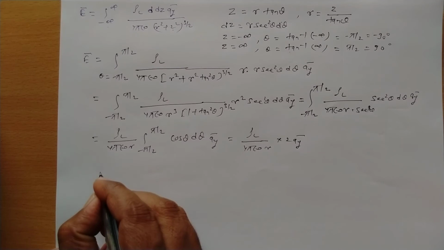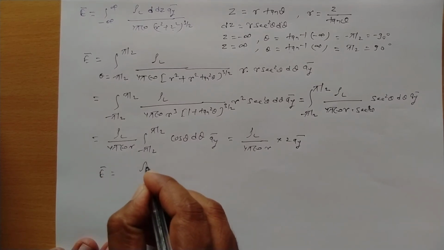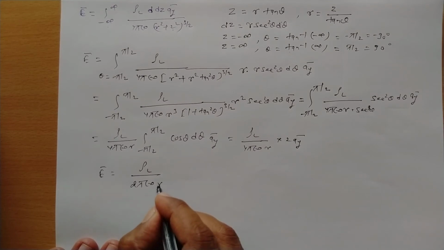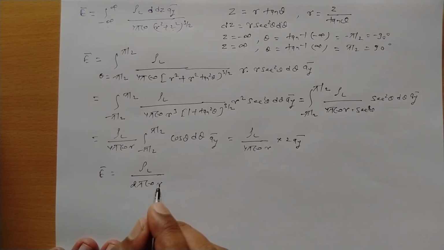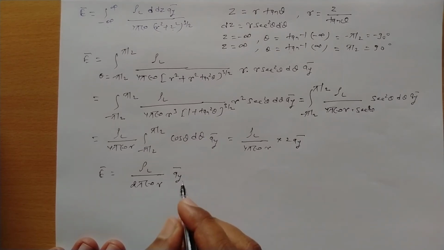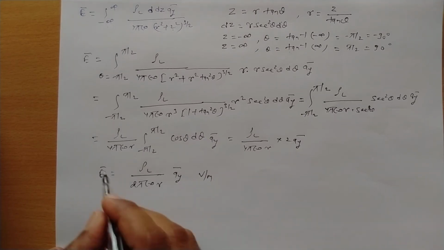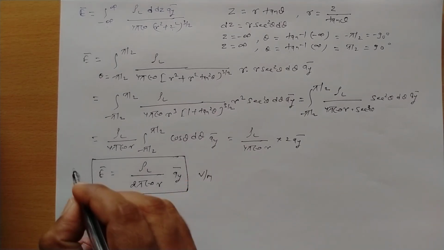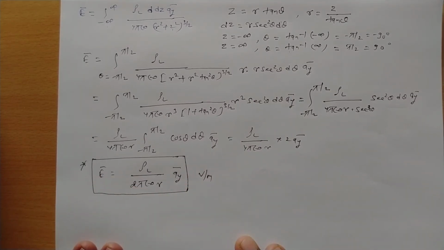And further when you solve this, you will get rho L upon 2 pi epsilon naught r, and this becomes ay, volt per meter, right? So this is the required expression of electric field intensity due to an infinite line charge.